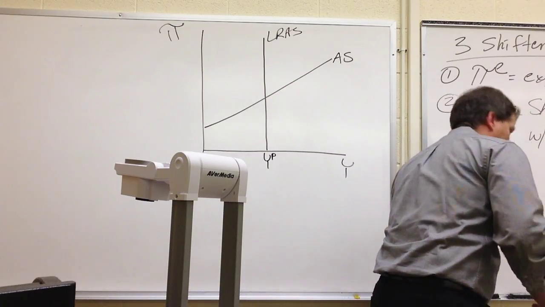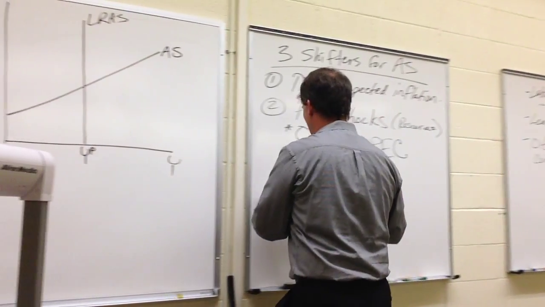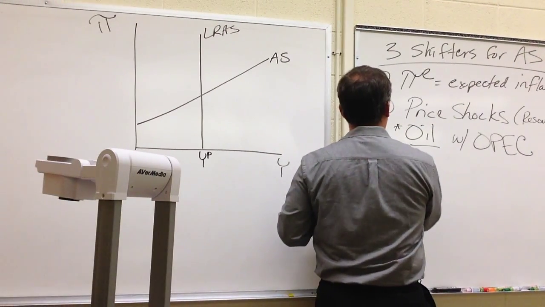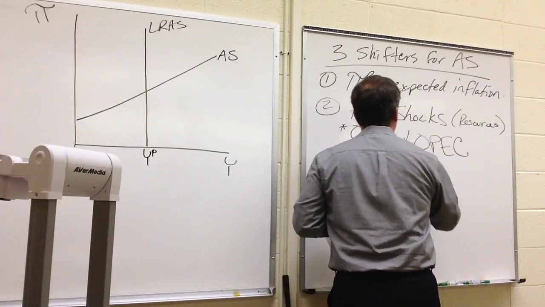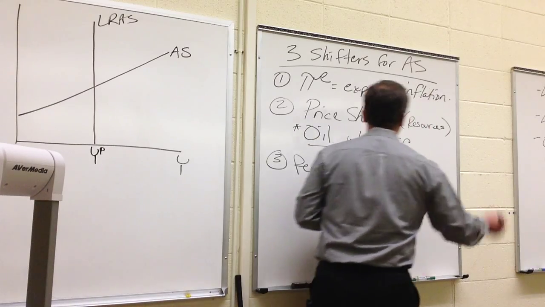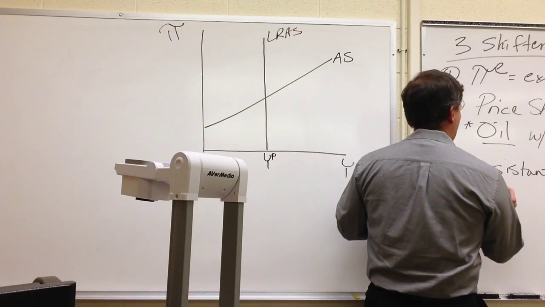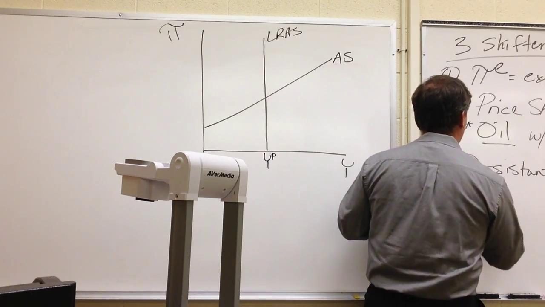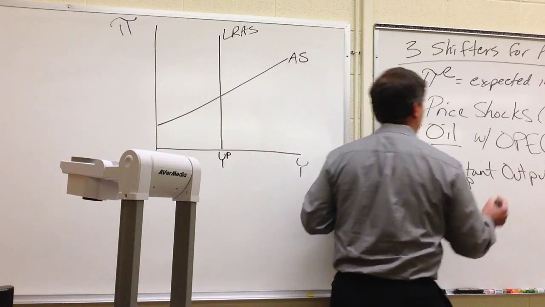And then lastly is the output gap. So a persistent output gap. So the output gap is the current level of real GDP compared to potential.